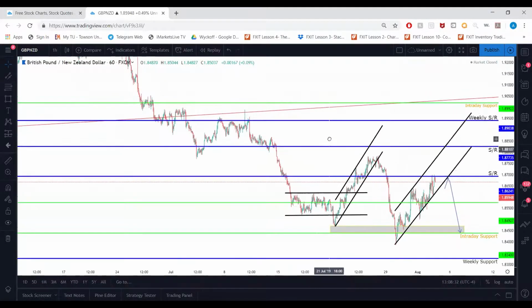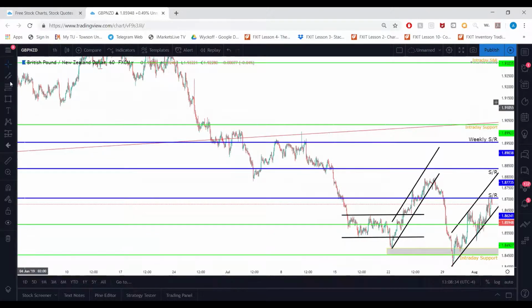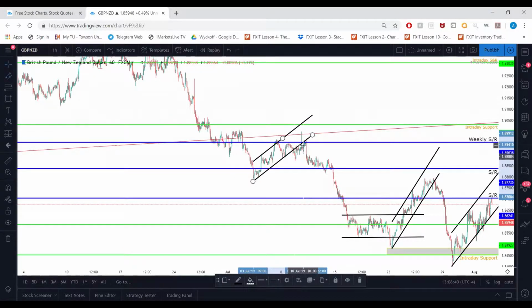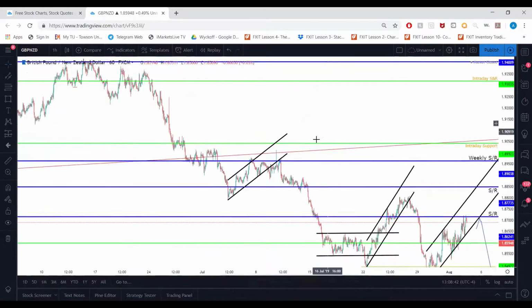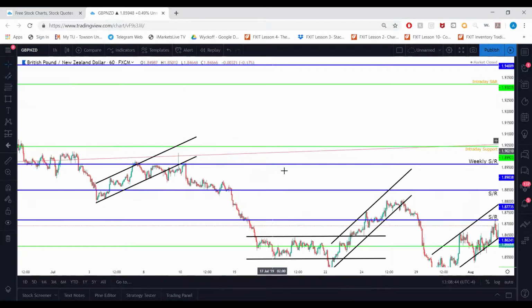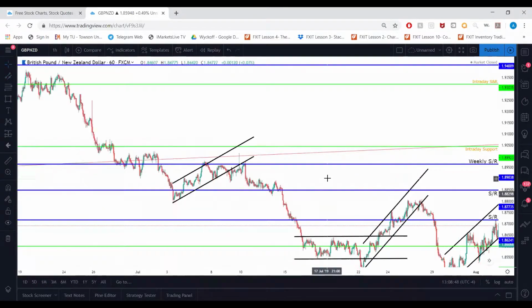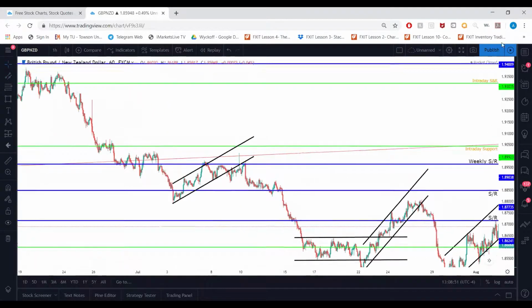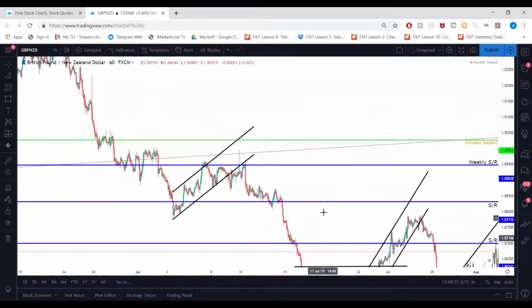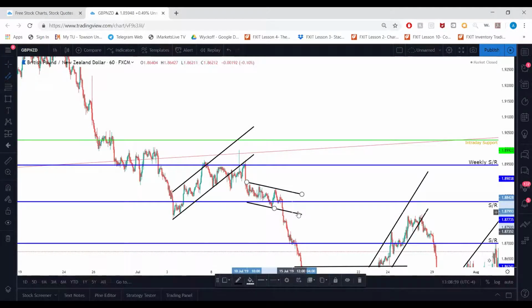So you can see this anywhere. Even this was a breakout too. See right here. Boom. It gave a little bit of a higher retest, but the thing is, it gave the retest into the weekly zone, and then it fell down. So it can be an ascending or a descending channel, like here, but it's the same principle.